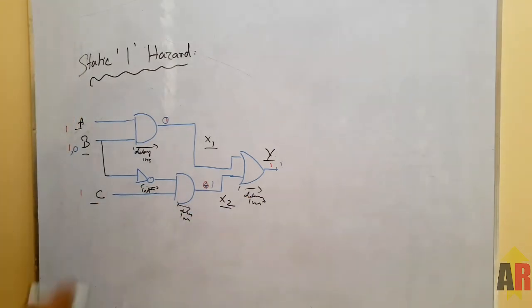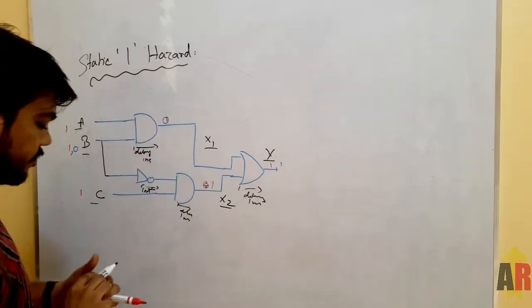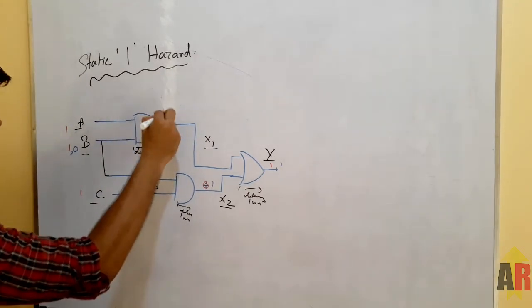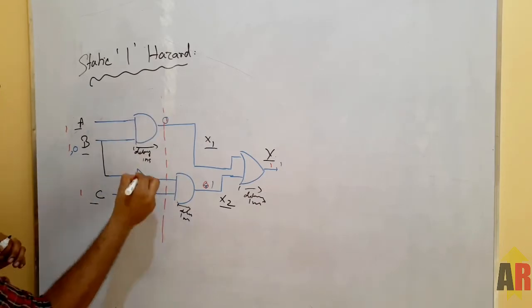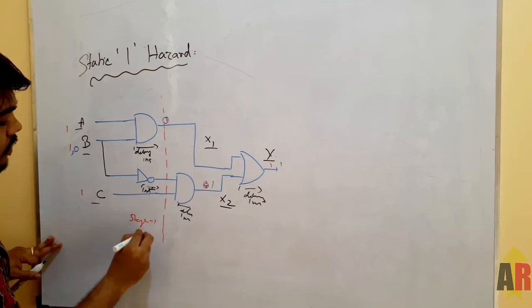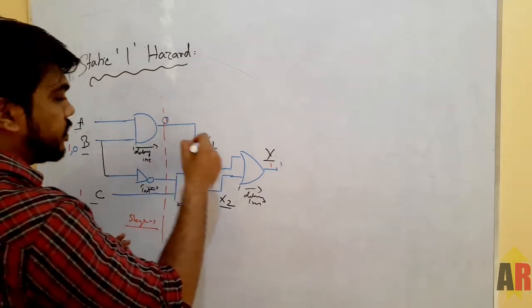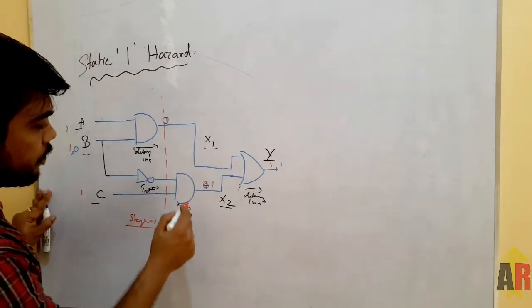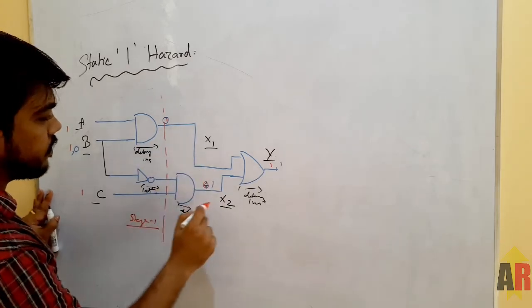So these two circuits will give parallel output. This part of the circuit, these two, I will take as stage 1 for understanding, which will be useful in designing. Then this part depends purely on this output and this input, right?